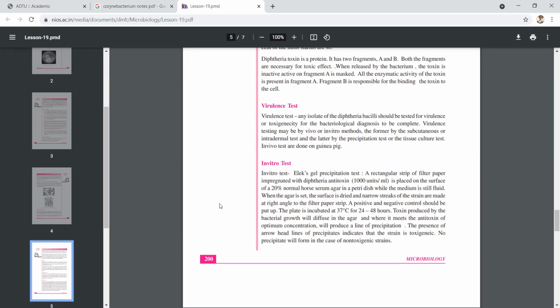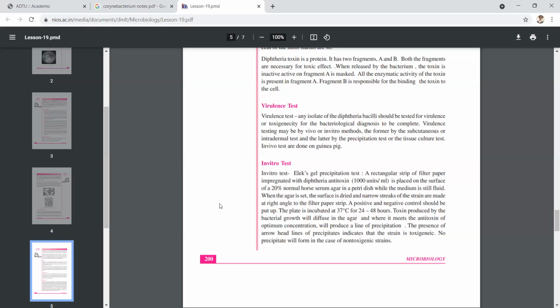Now the in vitro test is done by a precipitation test, which is called the Elek gel precipitation test. What do they do in this test? You take a rectangular strip of filter paper, and that filter paper is impregnated with the diphtheria antitoxin, 1000 units per ml.